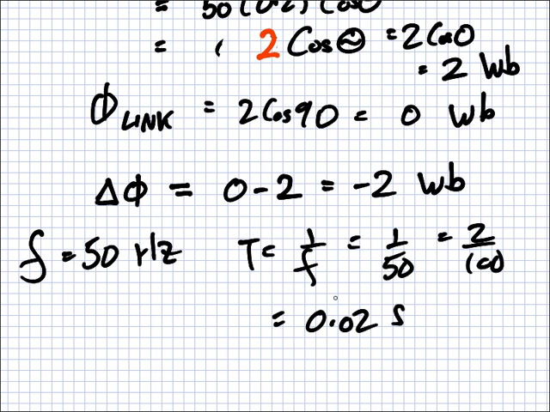If it takes 0.02 seconds to rotate once, how long would it take to rotate from a vertical position to a horizontal position? It should be a quarter of the time, because that's only a quarter of a turn. So the time we care about is a quarter of this. 0.005, I think. Is that right?